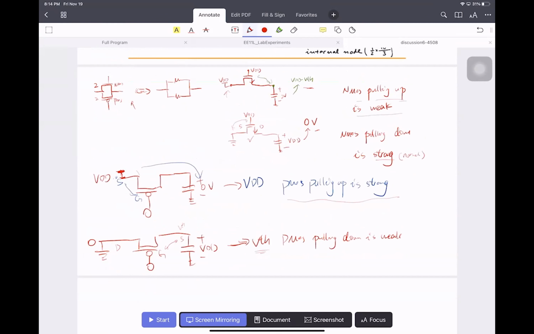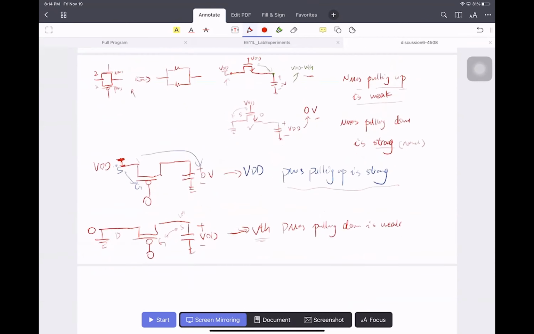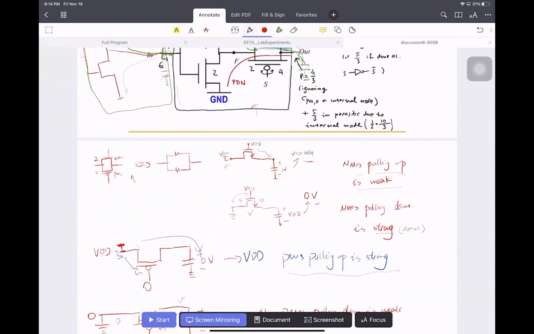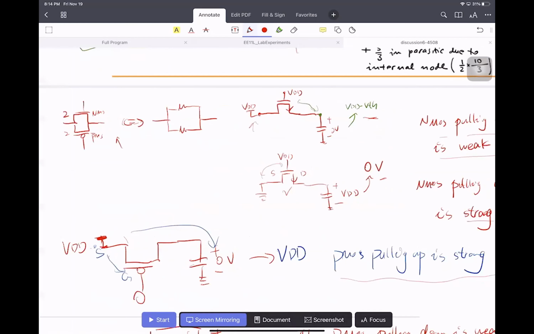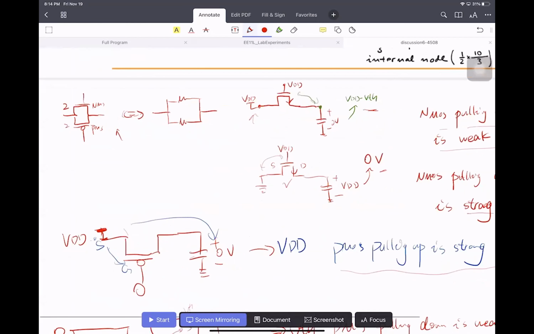So if you combine them together, make them work as parallel circuits, they will be both good at pulling up and pulling down. That's why we use a transmission gate, NMOS and PMOS in parallel. They work complementary for the pulling strength.